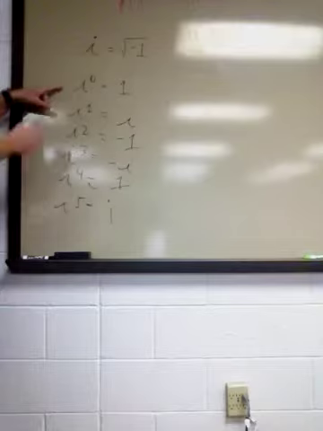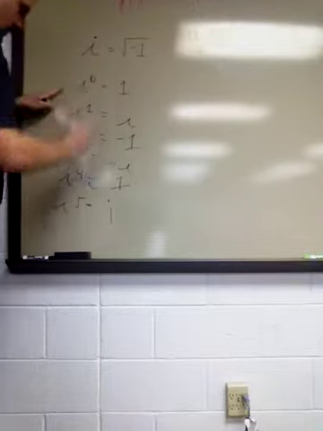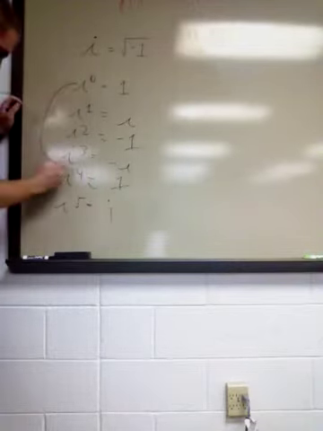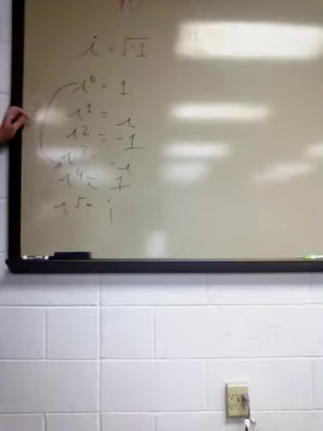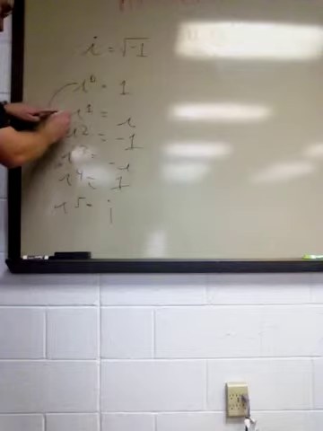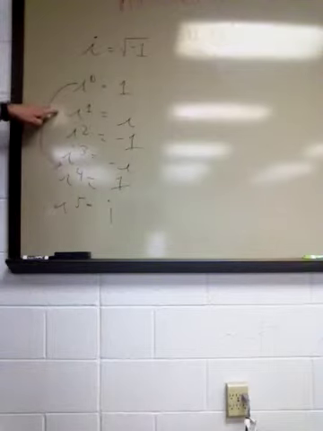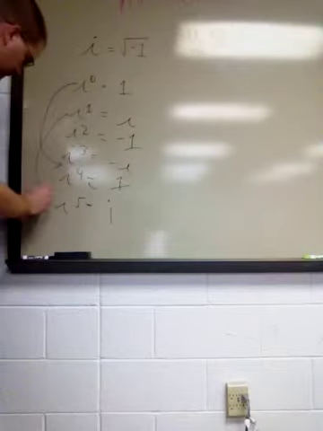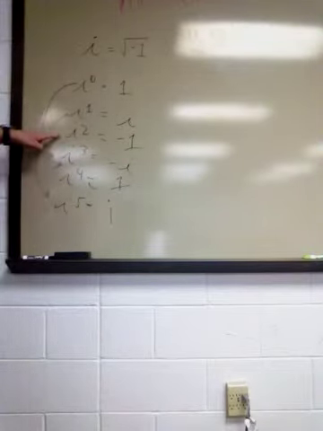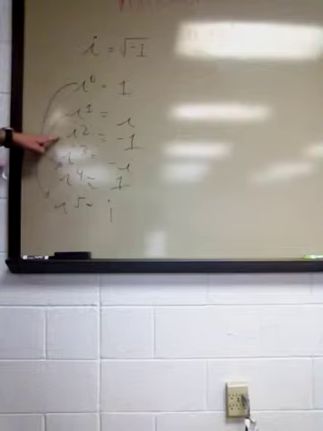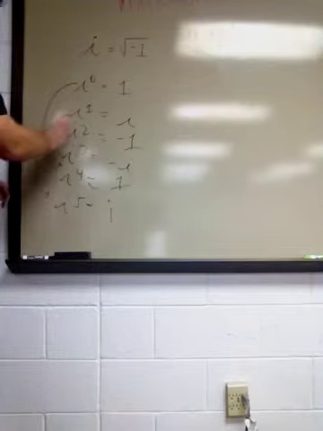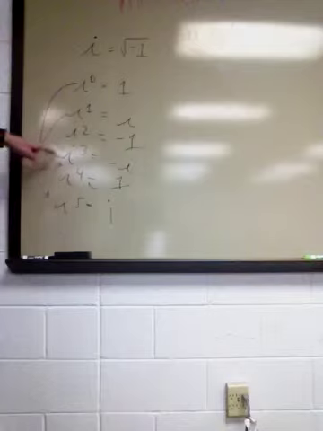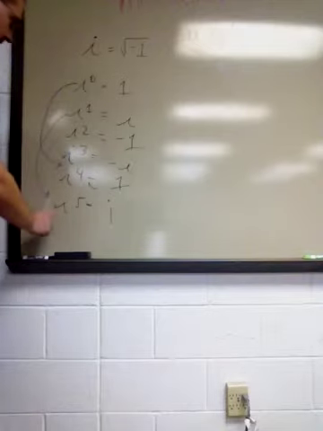i to the 0 power, 1, is equivalent to i to the 4th. i to the 1st power here is equivalent to what? Well, i to the 1st is i to the 5th. i to the 2nd, -1. Obviously i to the 3rd would be further down.